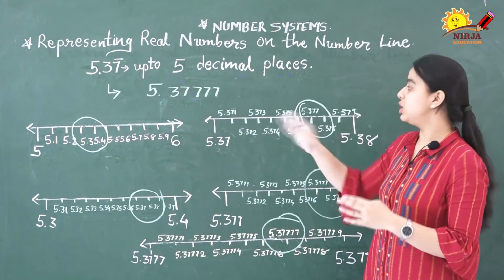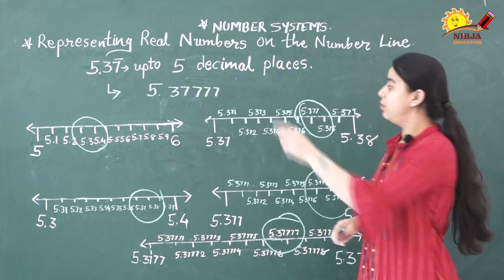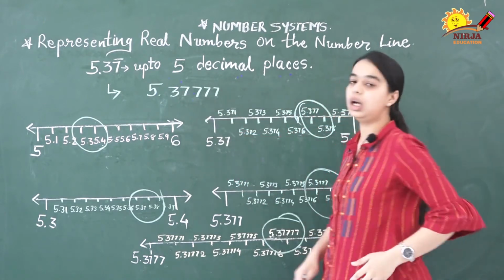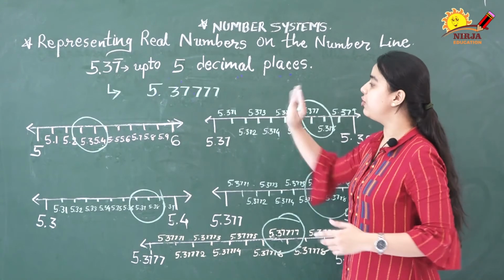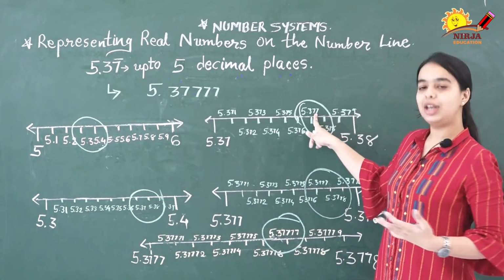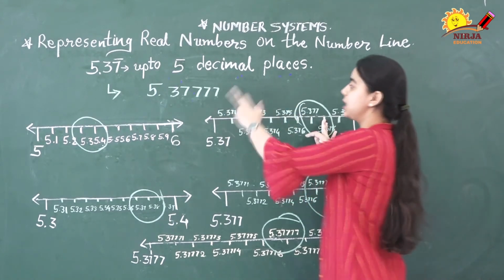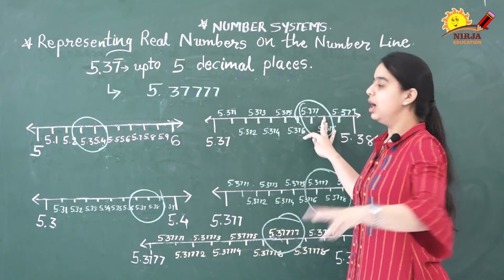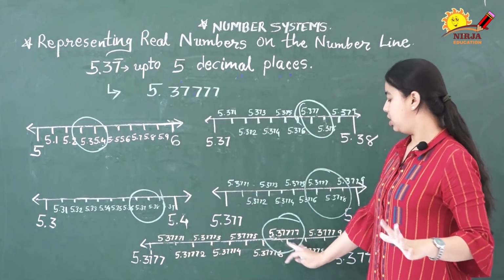Always, if they are going to ask this kind of question, it will be given up to which decimal places you have to do the decimal expansion, and you have to locate the number accordingly. If they have asked for 3, then you have to do only up to 3 decimal places. Here you can conclude your sum if they have asked for decimal expansion up to 3 places. Here we were asked up to 5 places, so we have done it like this.